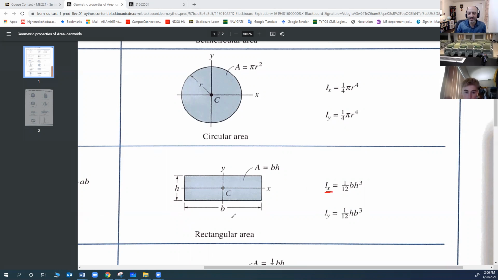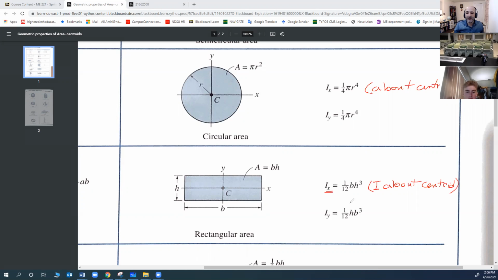Where is the x-axis going and where is it passing through? You guys know? The centroid. So this C, now you know, represents the centroid. So this is I about the centroid. Same thing with the circle: it's 1 over 4 pi r to the power of 4. Again, it's about the centroid, for both of them.